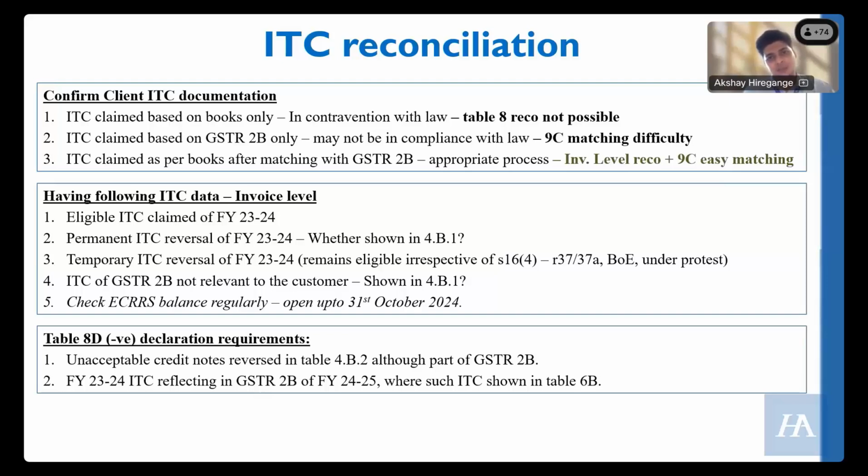Bill of entry is a separate document which is named separately also in Rule 36. So keeping that in mind, when they have specifically told only for invoice and debit note there is a time limit to claim credit, I can interpret that the law means that any other document which is there does not have a time limit to claim the credit.